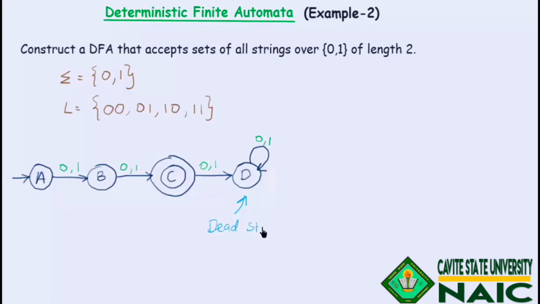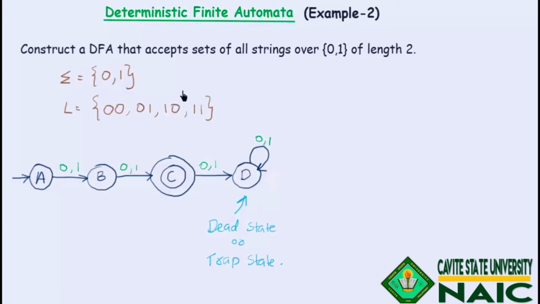So any string of length more than 2 goes to state D, is trapped there and will never be accepted. So this state D is known as the dead state, or it is also known as the trap state.